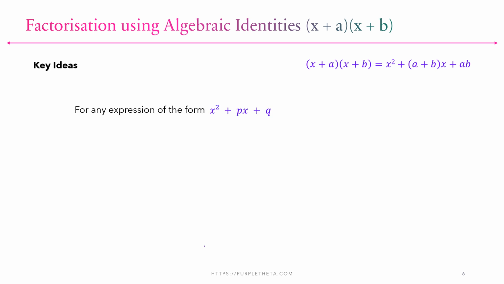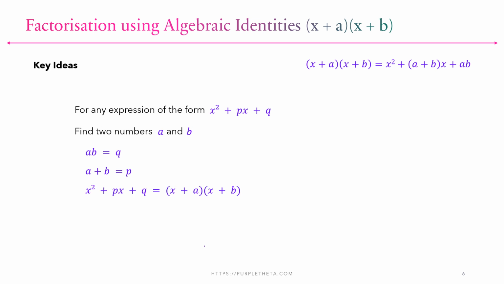So for any expression of the form x square plus px plus q, we need to find two numbers a and b such that a multiplied by b is q, the constant term, and a plus b is equal to p. This is nothing but the coefficient of x. Right?